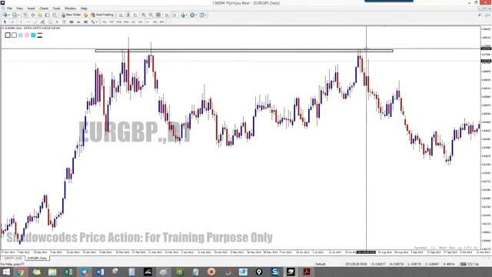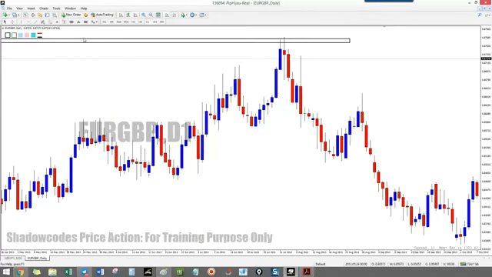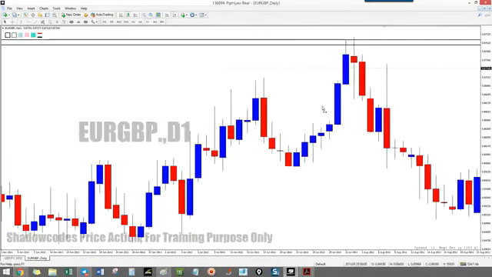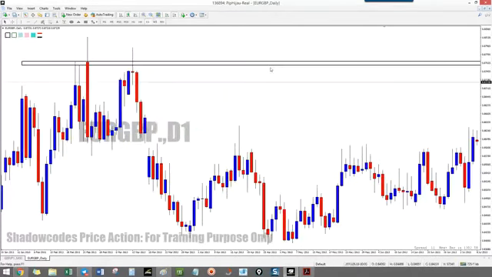Zone, you float here about, let's see. Float about 2 pips, from here.